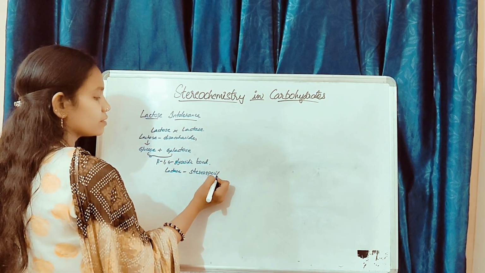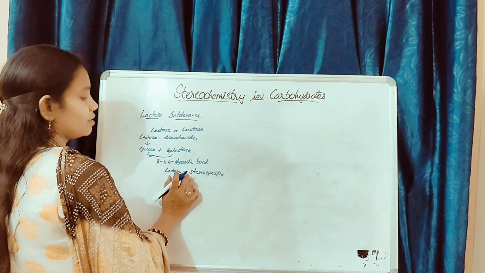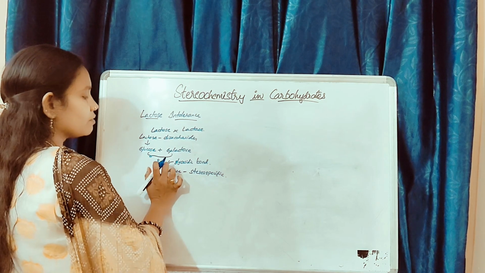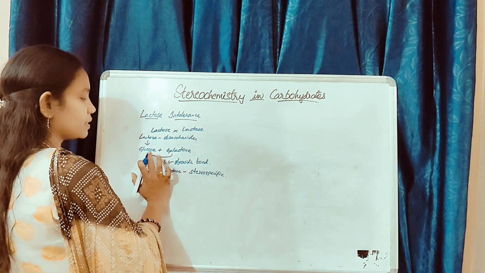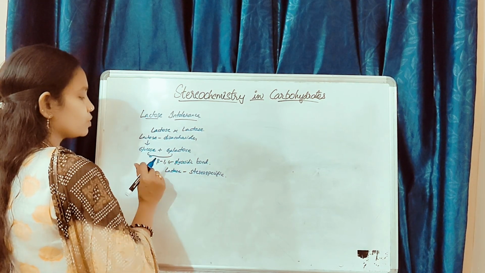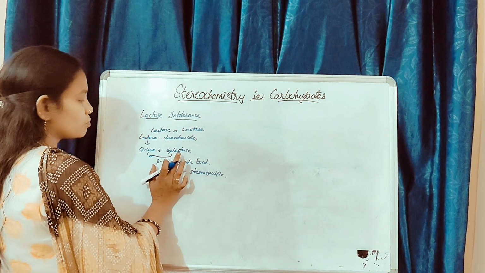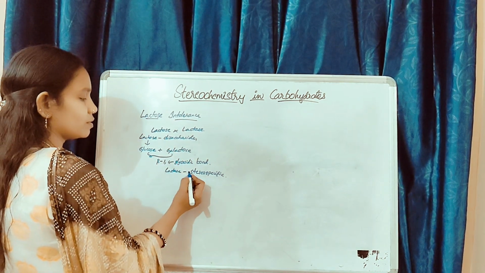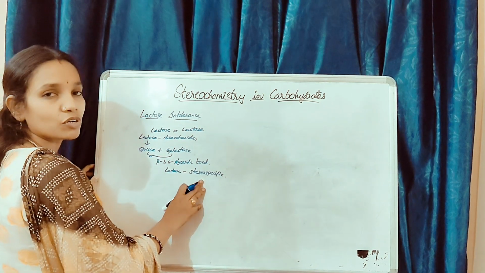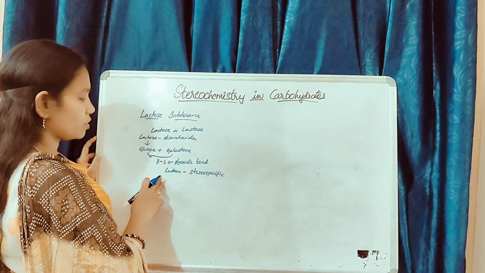Stereospecific means it will break when the beta 1,4 glycosidic bond is present between the glucose and galactose, right? So here if the orientation of the hydroxyl group on the galactose is correct, then only it will break down. Otherwise it will not break down because it is the stereochemistry of the beta bond, right?